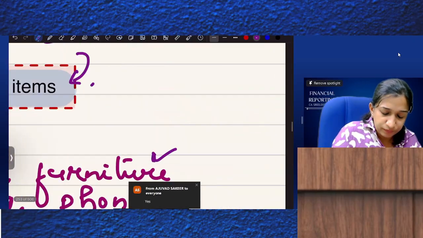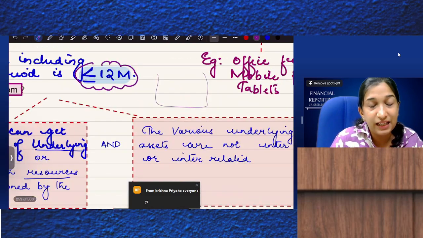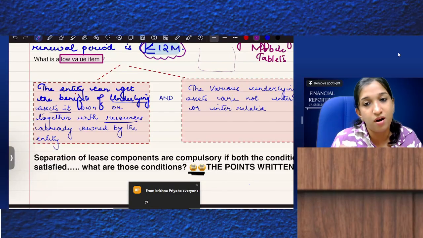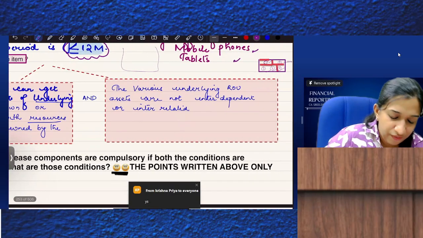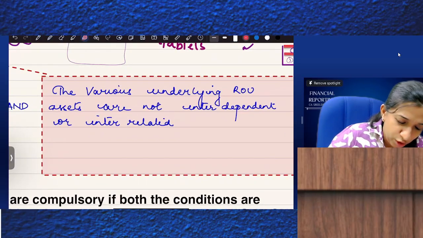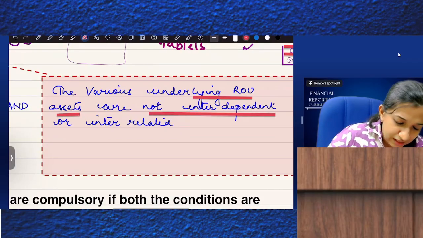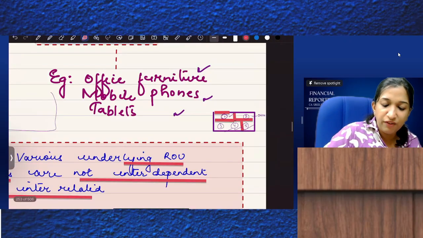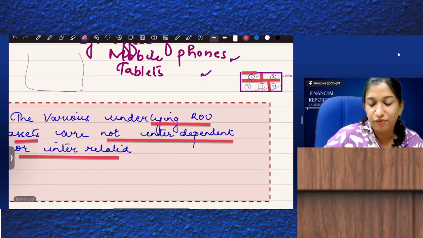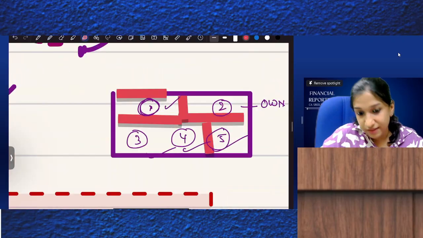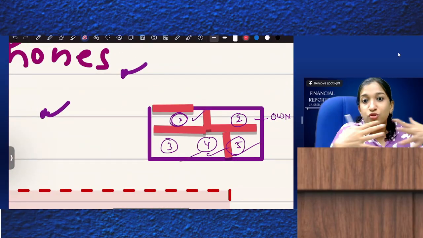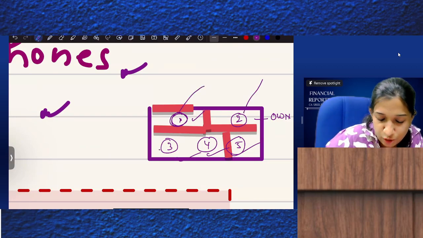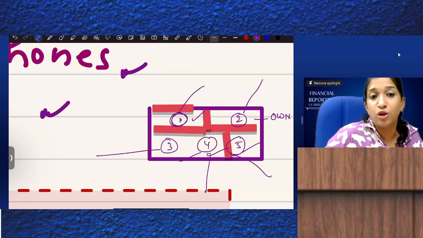Yes. Now, for a low value item, the entity can get benefit of it on its own or together with other resources which are already owned by the entity. Now, the various underlying ROU assets should not be interdependent or interrelated. What if I take 1, 2, 3, 4, 5, and claim low value exemption for each of them?